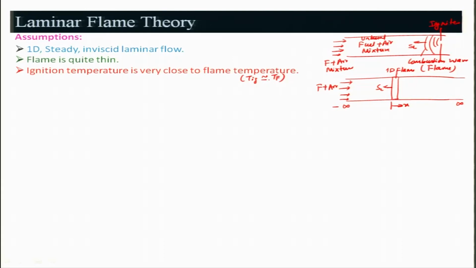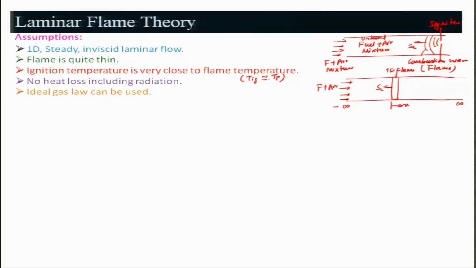There is no heat loss including radiation, but in an actual flame you cannot avoid radiation because the flame temperature is very high. The ideal gas law is valid, and we will be using a single step chemistry model. As I told, in the flame several reactions take place, involving several kinds of species, even for simple hydrocarbons like methane air.